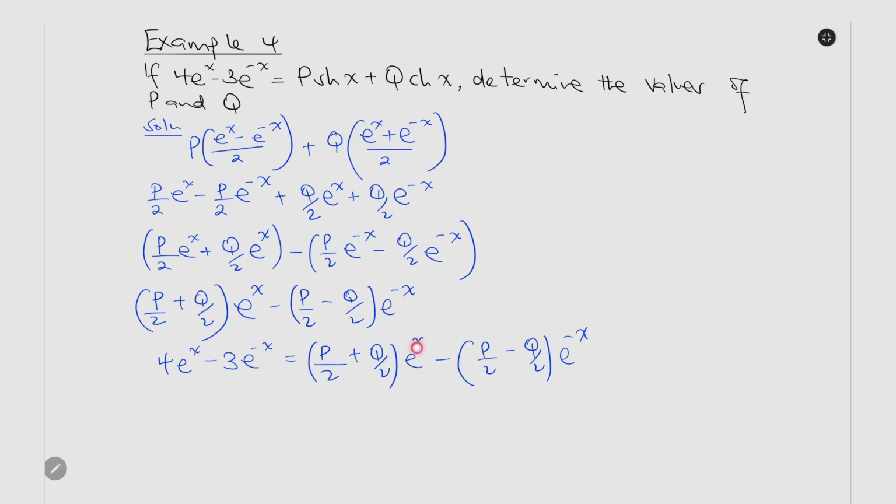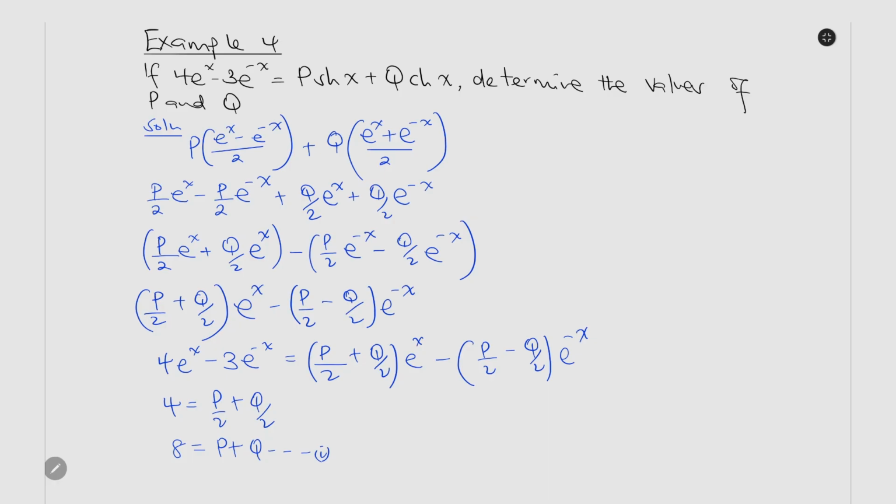So that I will have 4 being equal to this here. Let me write that now. 4 is equal to p over 2 plus q over 2. If I want to solve for p and q, I can multiply all through by 2, so that I will have 8 is equal to p plus q. That can be my equation 1.